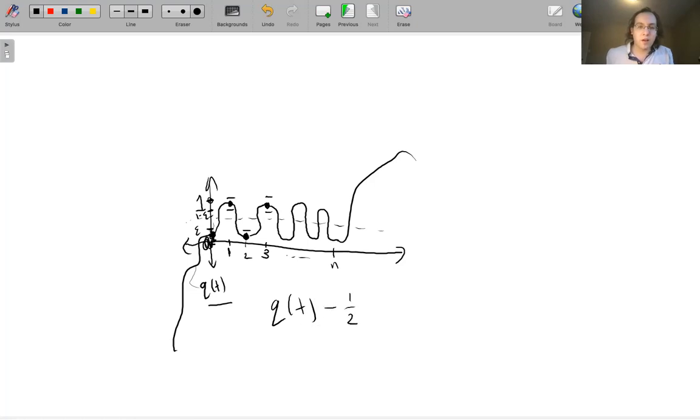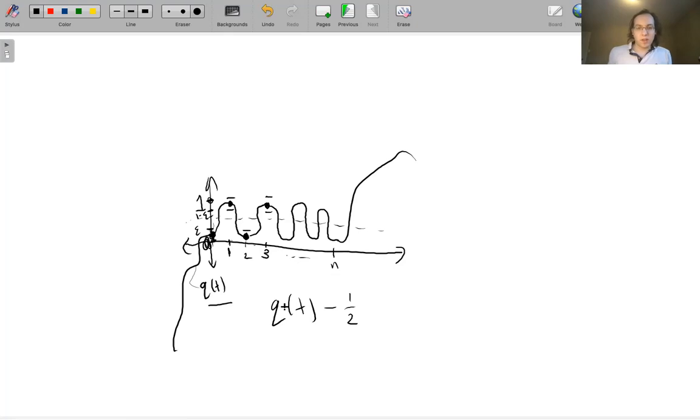At 0, this is less than 0, it's negative. We're below that half bound because we're between 0 and epsilon. At 1, we're above, and at 2, we're below, and so on. So we have to cross this line at least once in between each of these ranges. From 0 to 1, we have to cross the line once. From 1 to 2, once. From 2 to 3, and so on. So we have to cross the line n times.